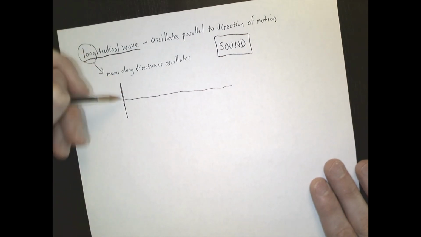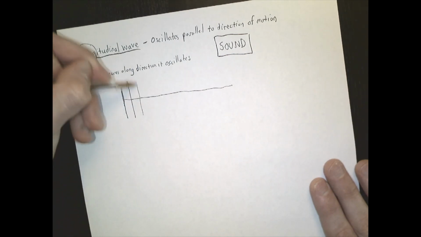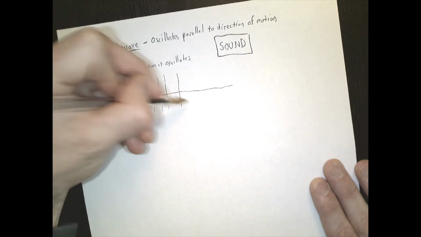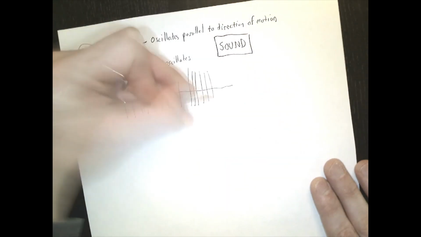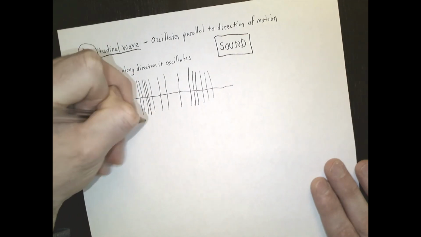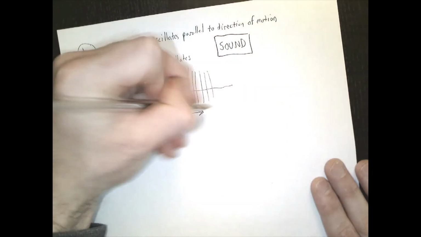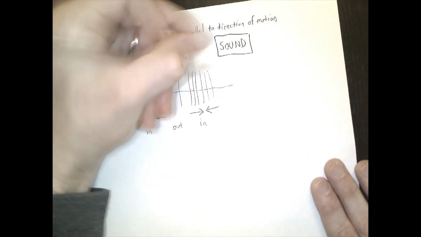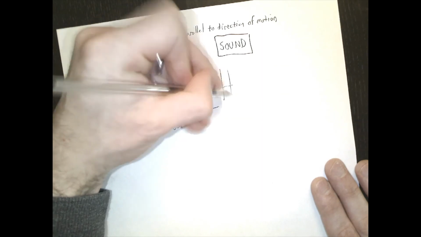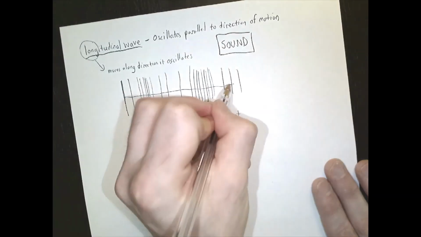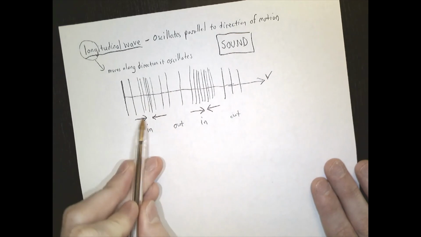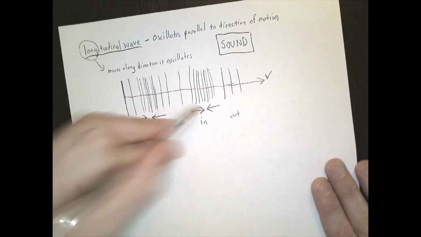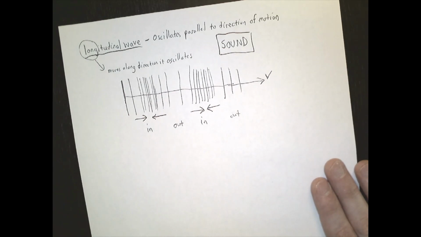We might have places where the air is really spread out, but it gets closer and closer, then spreads out once again, and then contracts in on itself. So the wave moves along this direction, but the actual oscillations have alternating periods of high and low density as it compresses in and out.